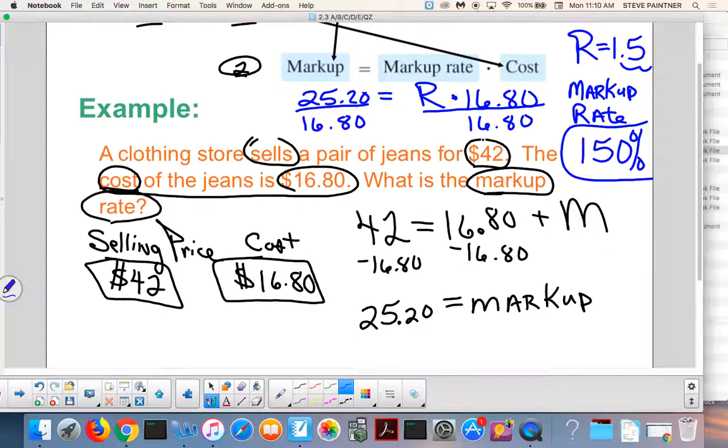Do you think people buy it because they look cool? Yeah, they buy it. You can make a lot of money off of jeans. So why can you go to Menards and buy jeans for like $20 or $25?